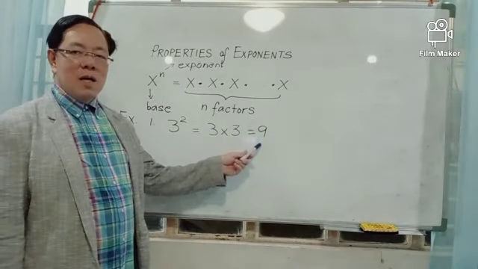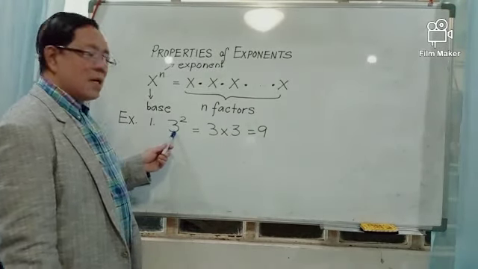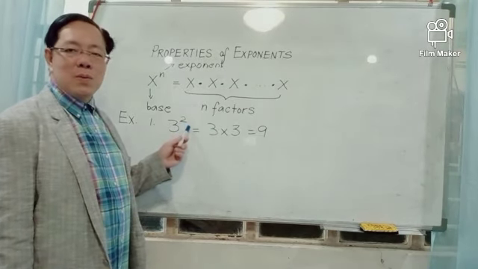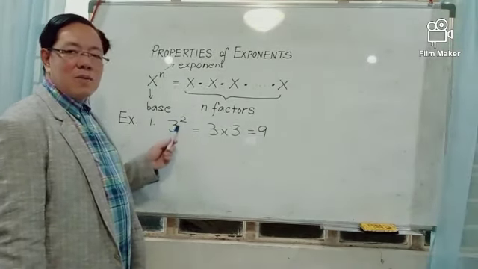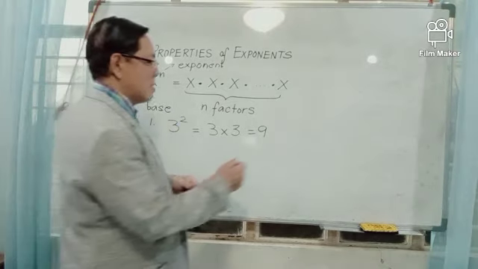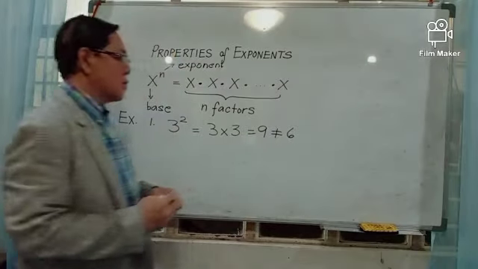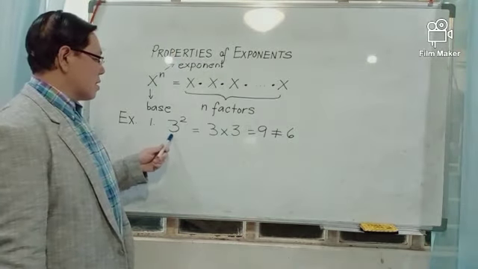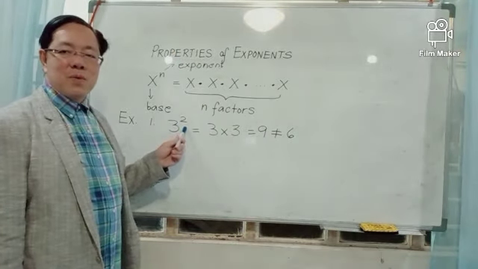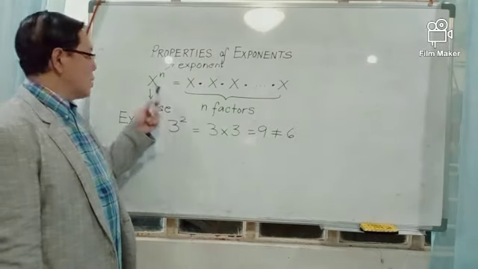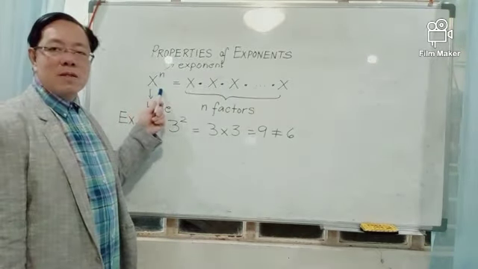You can see that if you multiply the base by its exponent 2, the product is 3 multiplied by 2 is 6. And that is not equal to multiplying the base 3 by itself 2 times. Hence, do not multiply the base by the exponent when you expand.